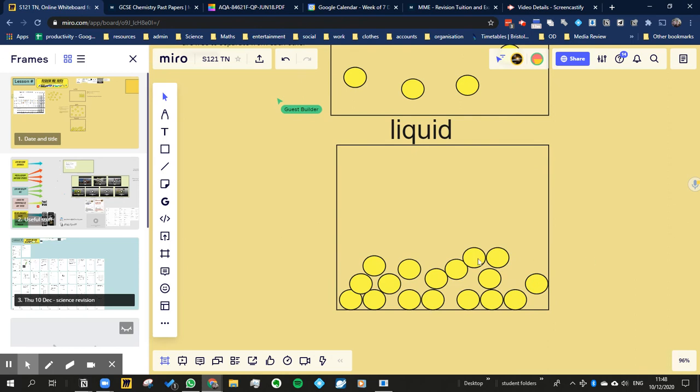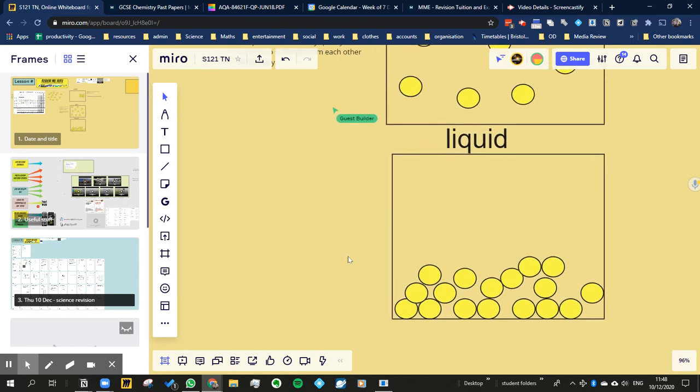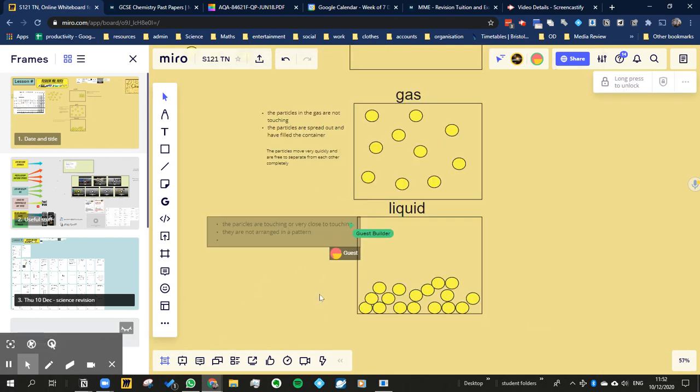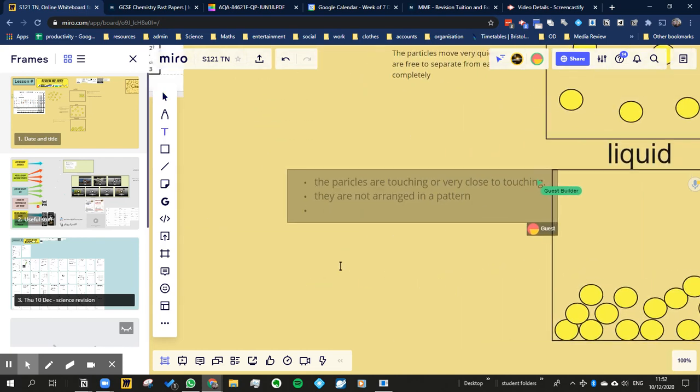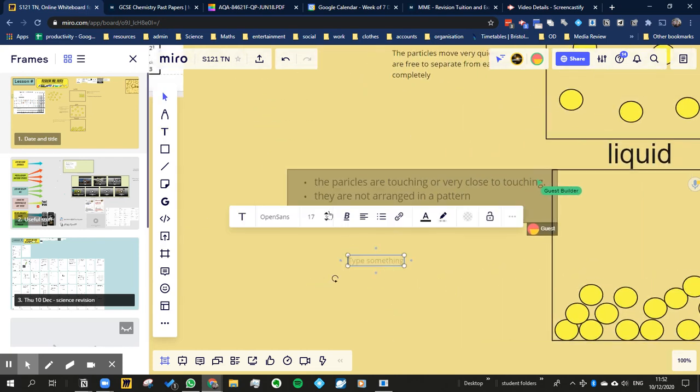So do the same thing for a liquid. Write a couple of bullet points to say how they are arranged in a liquid. They are still quite close, just like a solid, but they're not arranged in a pattern. In each case, we'll write about how they behave as well.